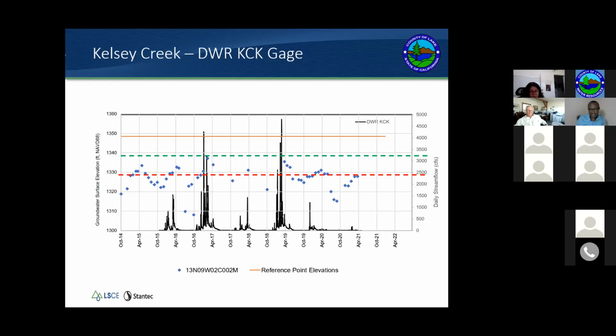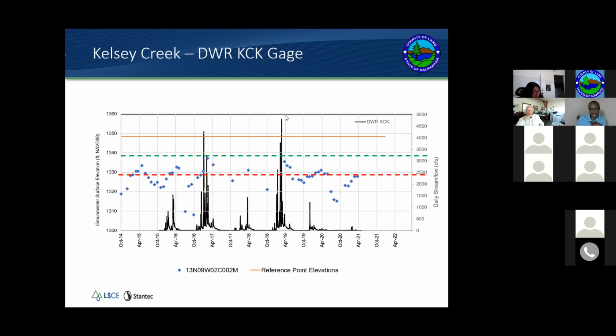So this is a challenge. I'm just going to run through this one, understanding that we have a lot of issues to discuss. This is one of the wells, in blue dots. It's not very close, but it's the nearest well with a more complete record that we have to the DWR gauge. And again, we're trying to see if there is any correlation with the stream flow.